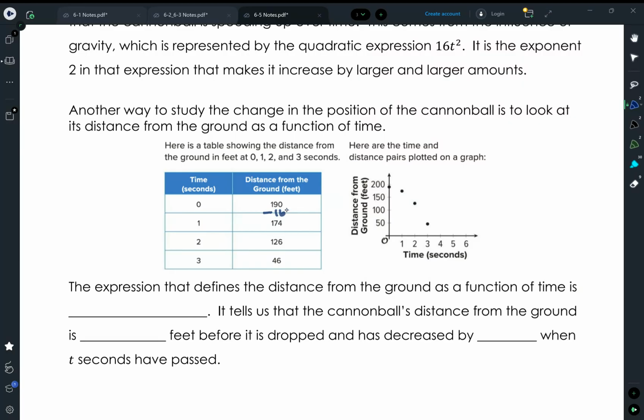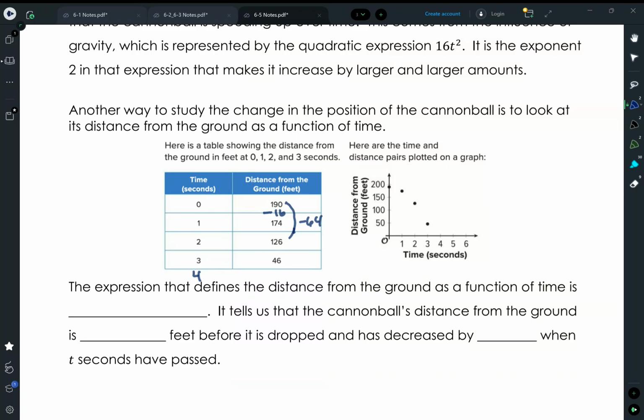So if we take that 190 and subtract 64, now we'll be down to here. It's kind of interesting the way this works. The whole graph is flipped around. And then again, by 4 seconds, we'd be down into the dirt, right? It's going more than those 46 feet that are left.